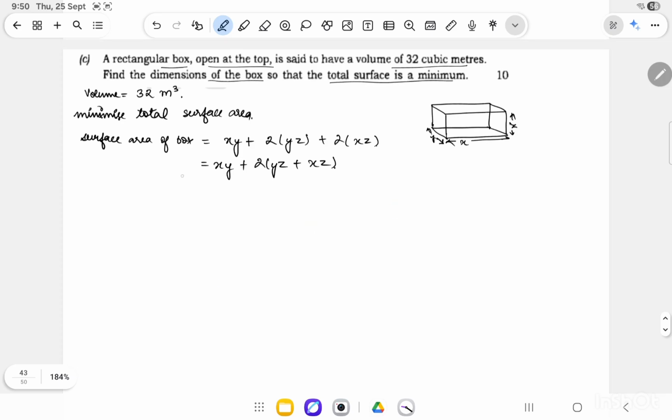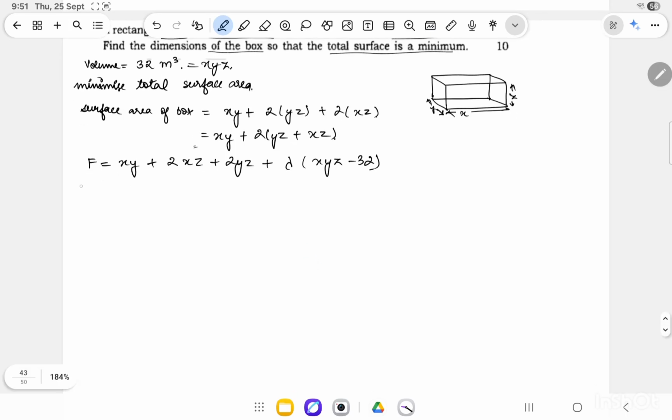We are supposed to minimize this area provided the volume, that is xyz, is 32. So if we define our function capital F, that will be xy plus 2xz plus 2yz plus lambda times (xyz minus 32). Here lambda is the Lagrange multiplier.